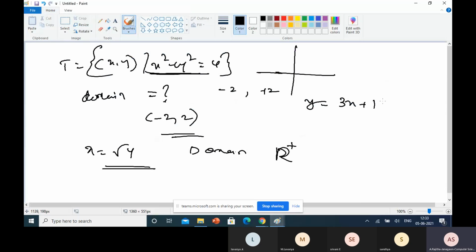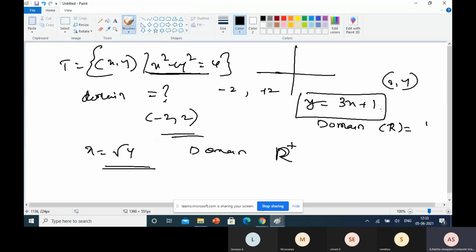Now the domain of R equal to some x comma y, where y equal to 3x plus 1. Domain of R, domain of T. Suppose you can observe here T equal to some relation x comma y, here y equal to 3x plus 1. Now domain of R equal to R, domain of T equal to what?